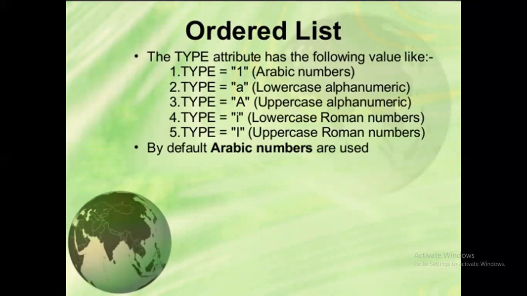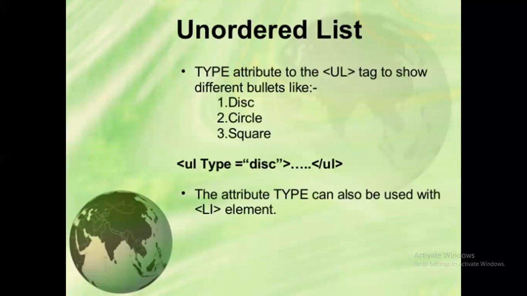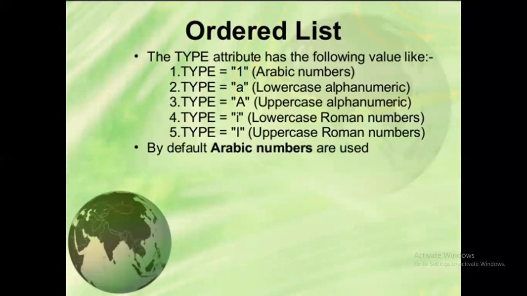The tag will be OL space type. In that type, you can use any one of them as written. Either you use type equals double quotes 1, or type equals double quotes capital A. The pattern will then be counted in the same way. This was all about the list, unordered as well as ordered.